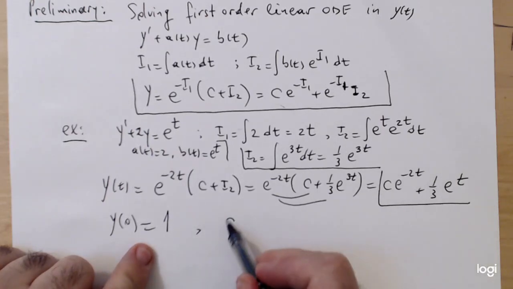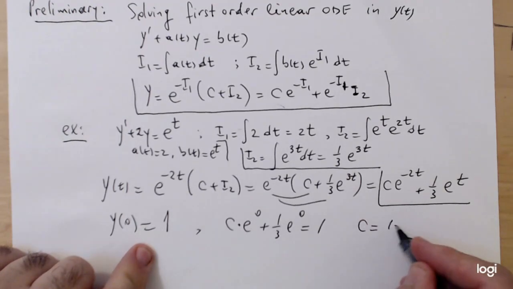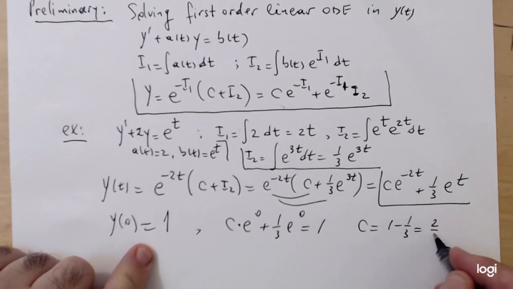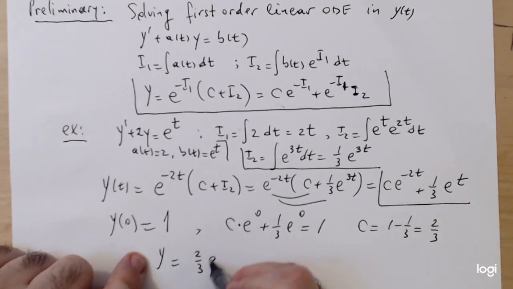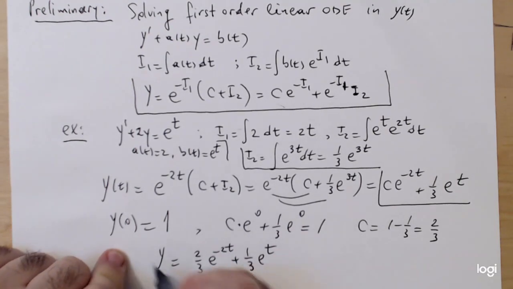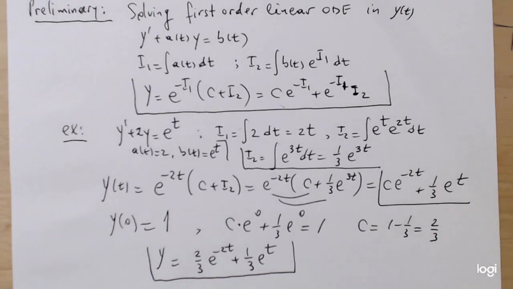Then we plug in 0 for t, and that gives me c equals 2/3. So the solution for the initial value problem becomes 2/3 e to the minus 2t plus 1/3 e to the t. So this is one example of a first order linear ODE.